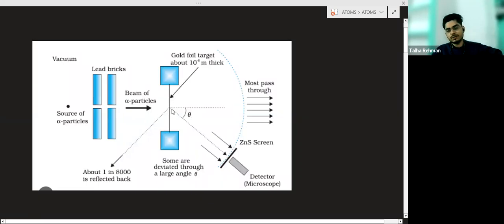After striking this gold sheet, most of the alpha particles pass straight through the gold foil.